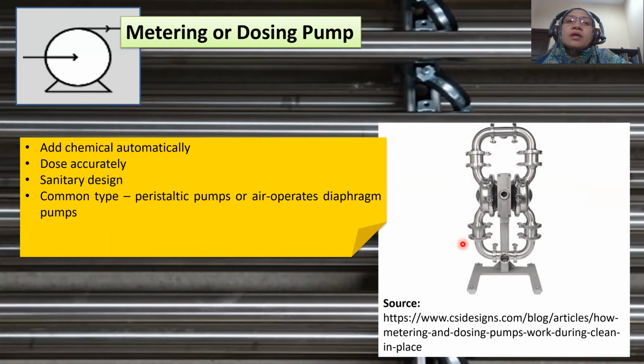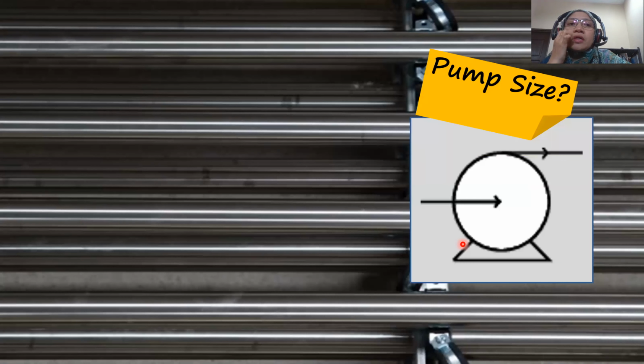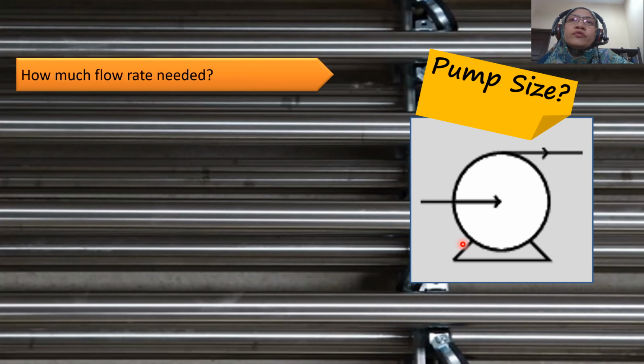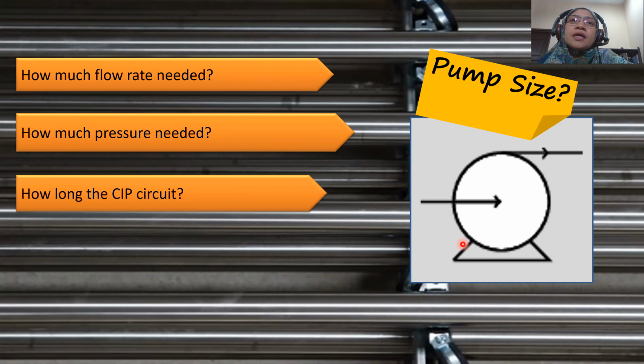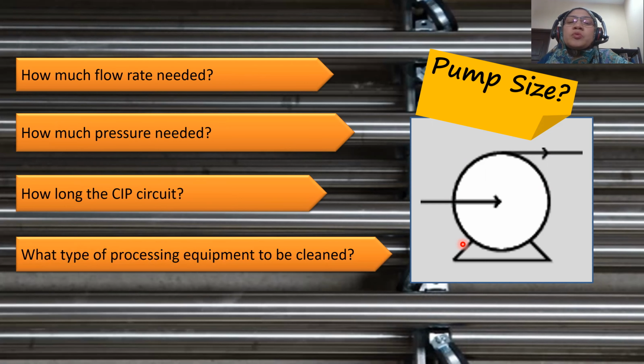Okay, so let's look at the factors that may affect your pump sizing. To properly size and specify a pump for a CIP system, you need to know how much flow rate is needed, how much pressure is needed, how long the CIP circuit is, and what type of processing equipment is to be cleaned.